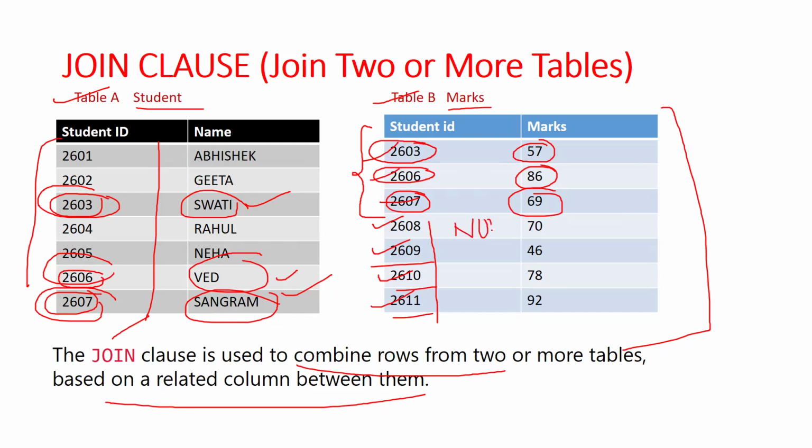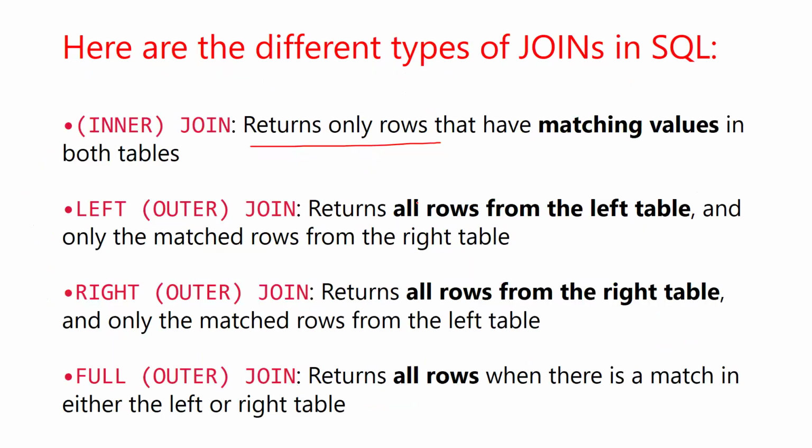And similarly here, because these students' marks are missing, that is not available in this table, in front of these IDs, under the column of marks, that would reflect null. So in that way, full outer join will work.